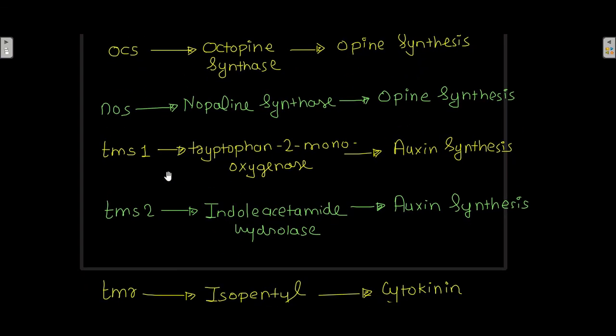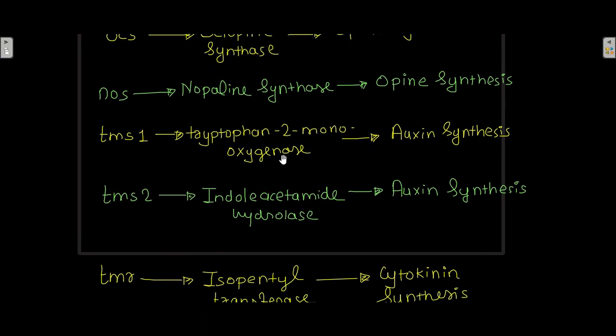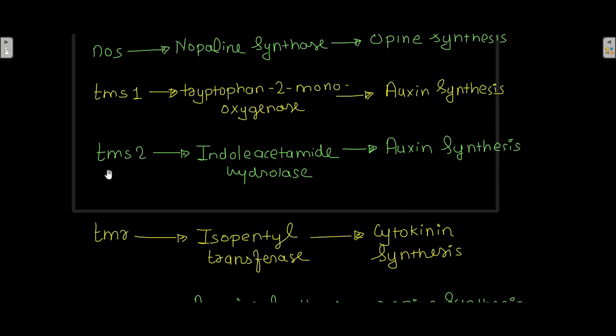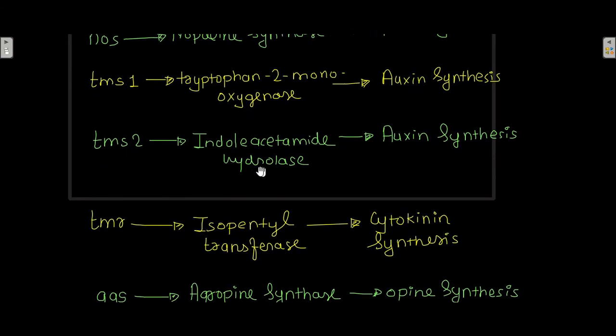Then there is TMS1, which results in the formation of tryptophan 2 monooxygenase, and this enzyme is responsible for auxin synthesis. And then there is this TMS2, which results in the formation of indole acetamide hydrolase, and this also results in the formation of auxin.